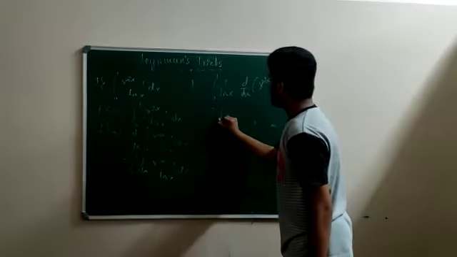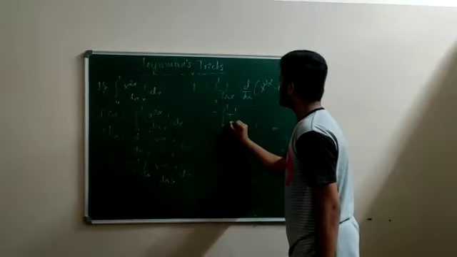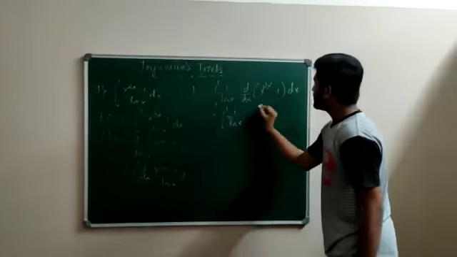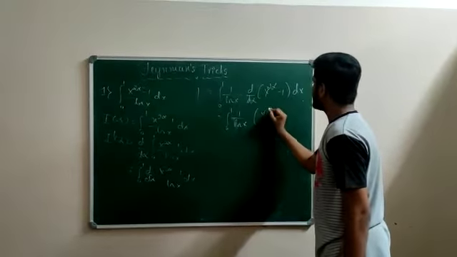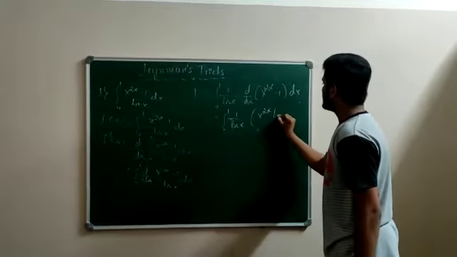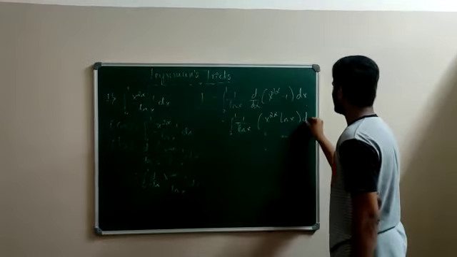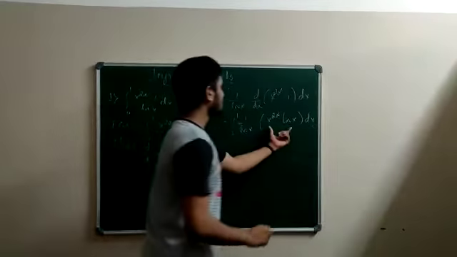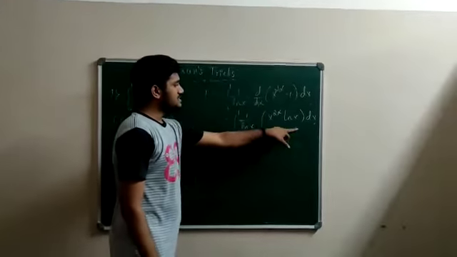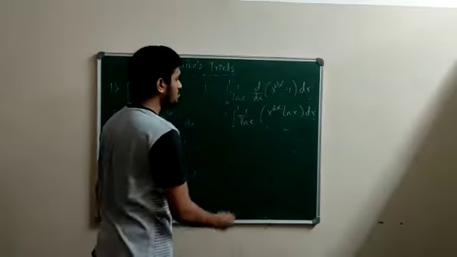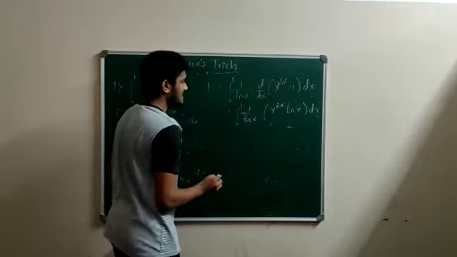So it becomes the integral from 0 to 1 of 1 by ln x into x to the power 2 alpha into ln x dx. Here ln x and ln x cancel each other.